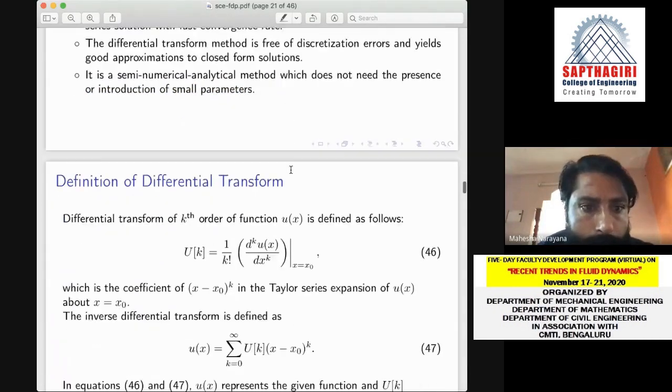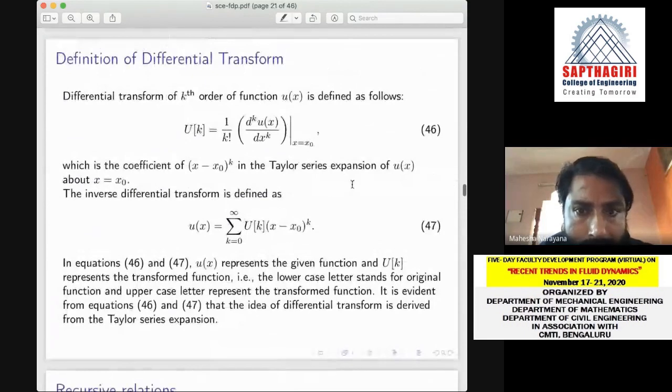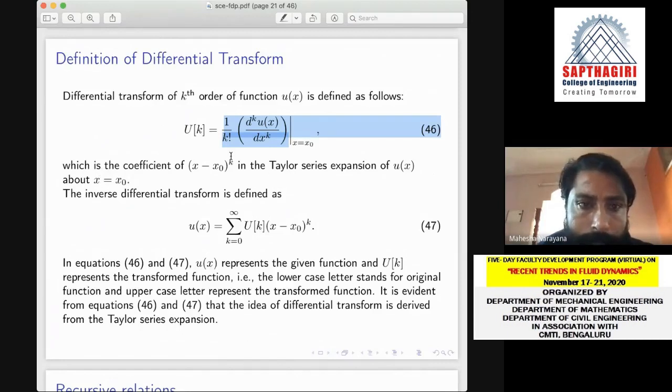Okay, and the mathematical definition of differential transform goes as equations 46 and 47. The kth order differential transform of a function u of x is defined as U of k, which equals 1 by k factorial times the kth derivative of u evaluated at the point x equals x naught. If you see closely, this is nothing but the Taylor coefficient in the Taylor series, the coefficient of the term x minus x naught whole power k.